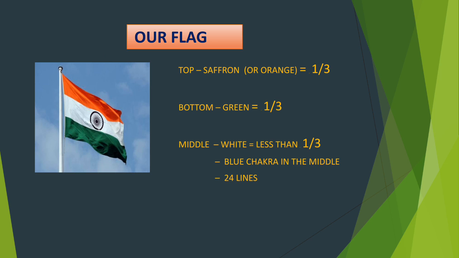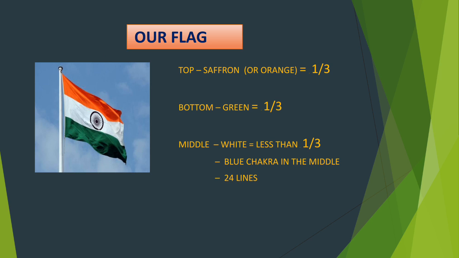Next one, our India flag. We all know that the India flag has 3 colors, saffron at the top, green at the bottom. In the middle, we have pure white with the Ashoka Chakra in the middle.